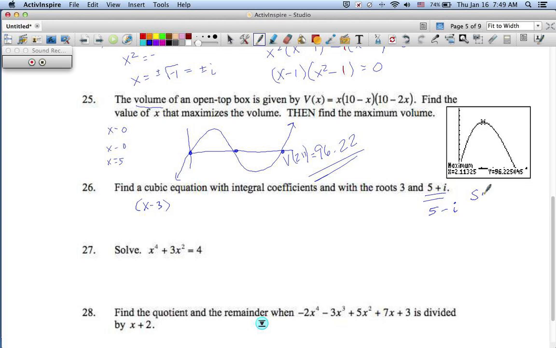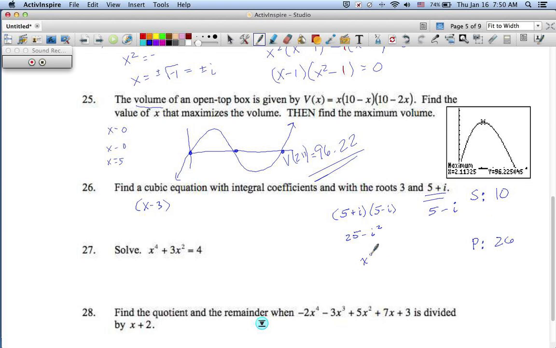Remember, we have sums and products. Hopefully you remember them. The sum of these two, 5 plus i and 5 minus i, is 10. The product of these two, think about it here. I'll write it out though. 5 plus i times 5 minus i. I'm going to get 25 minus 5i plus 5i, gone, minus i squared. i squared is negative 1, so that's really plus 1. 26 is my product.